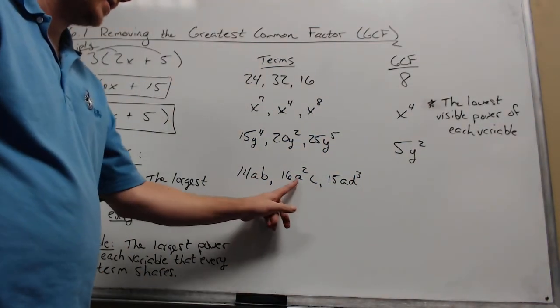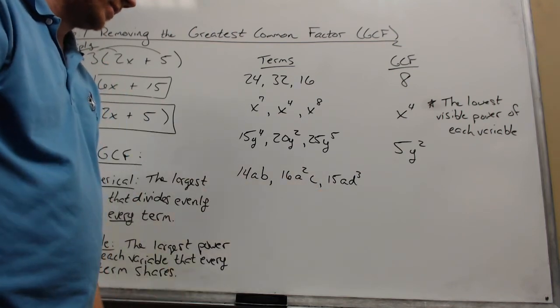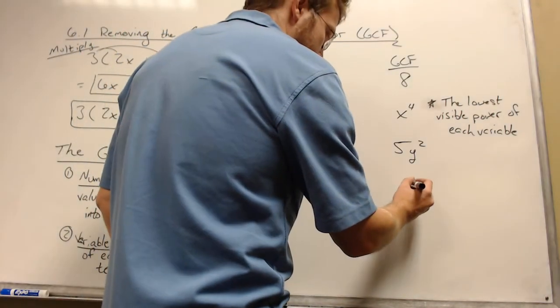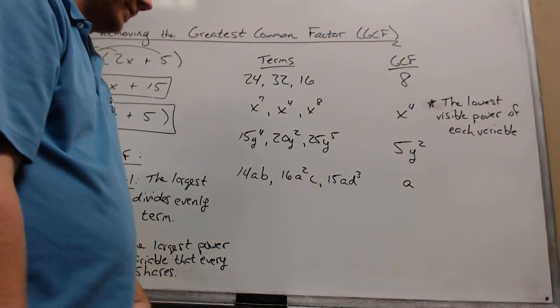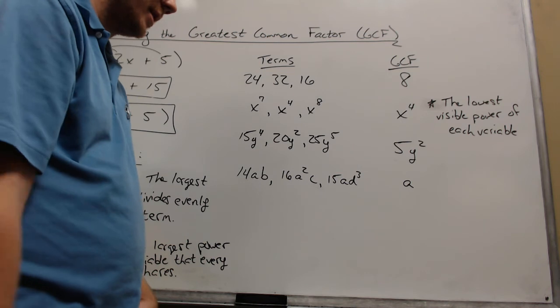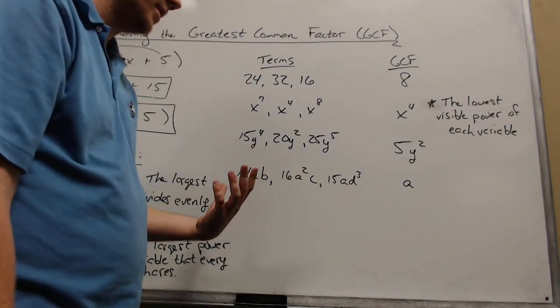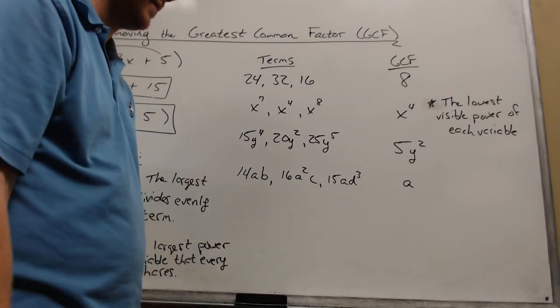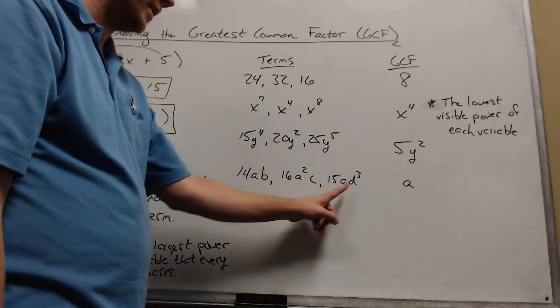In terms of a's, the lowest amount of a's I see in any pile is just 1. So they certainly have a common factor of a. Sometimes there's a common mistake to think just because I have b's or c's or d's in these terms that they have to be a part of my greatest common factor. But if I'm looking at b's, I want the lowest power of b in any term.